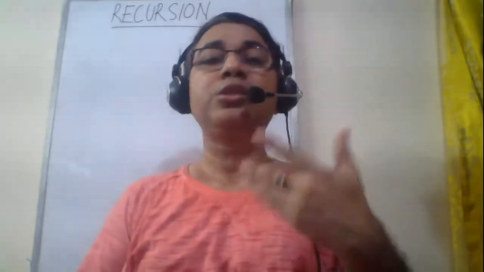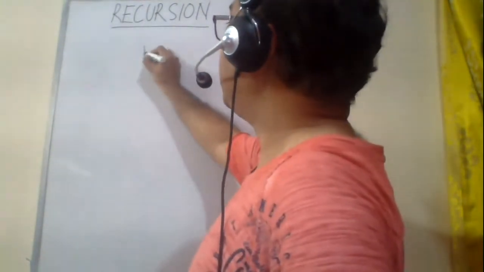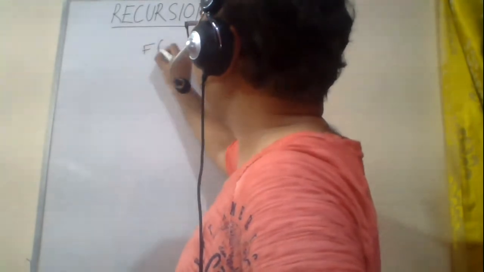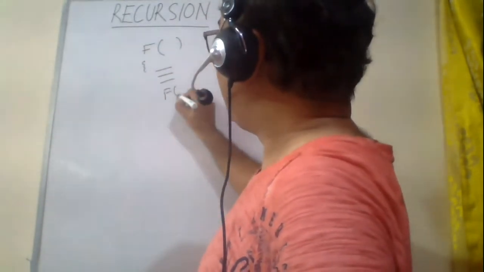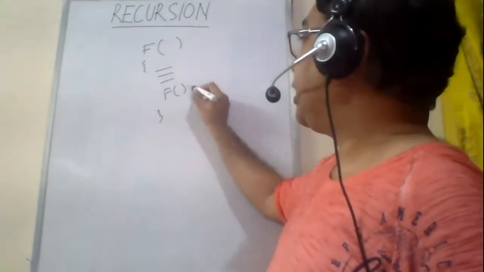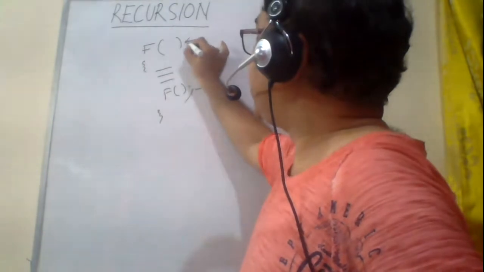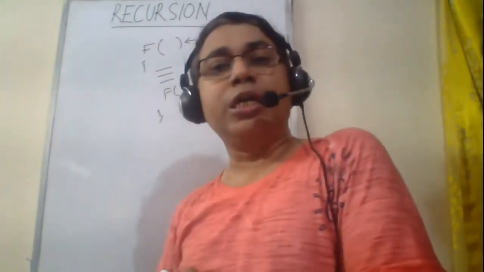Yes, students. So what is recursion? We have learned that recursion is a process in which one function calls itself within its body. That means, suppose I have a function, say any function f. Inside that function, we call the same function once again. So it will go on in the similar process. This is recursion.